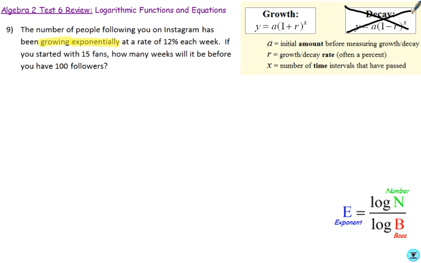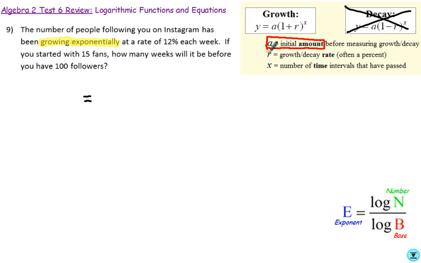So what we want to see is that it says y equals A. A represents the initial amount where something starts. So A is our initial amount. Where do our Instagram followers start?